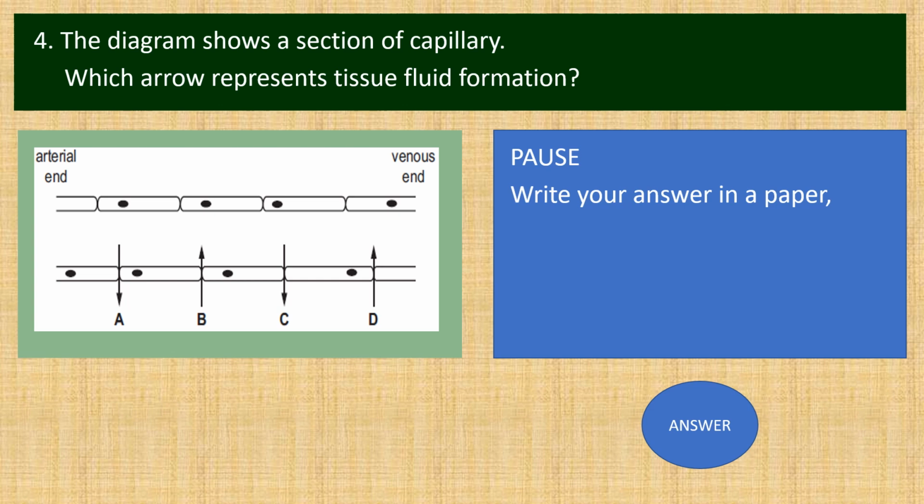Is it C, from the inside to the outside of its venous end? Or letter D, from the outside to the inside on its venous end? Click pause, write your answer, and when you're ready to know the correct answer, click play.